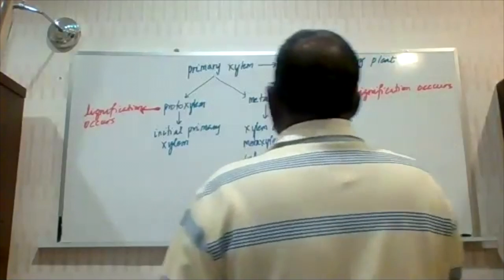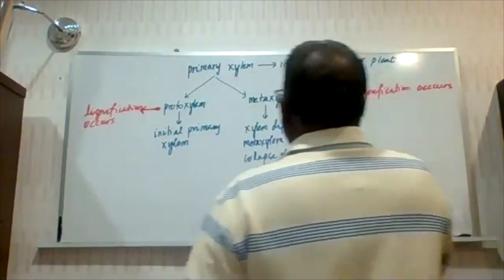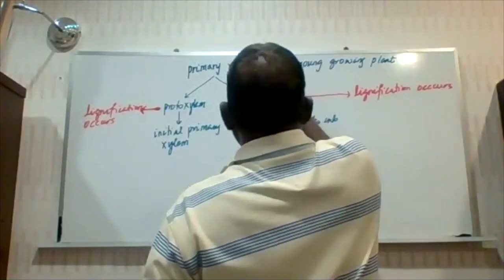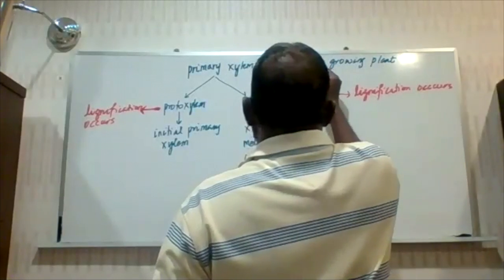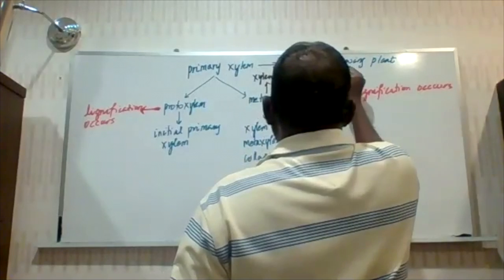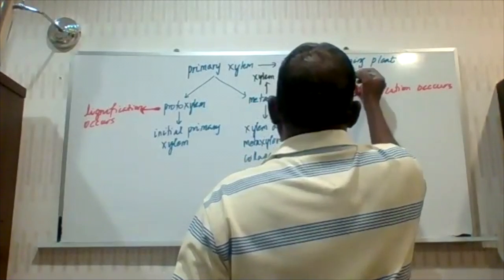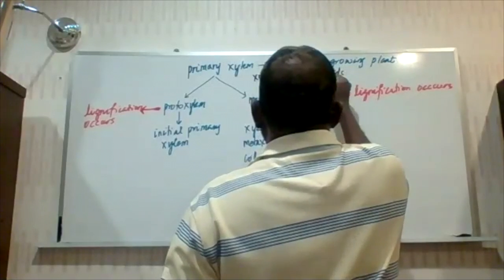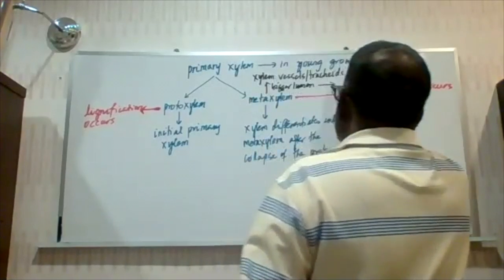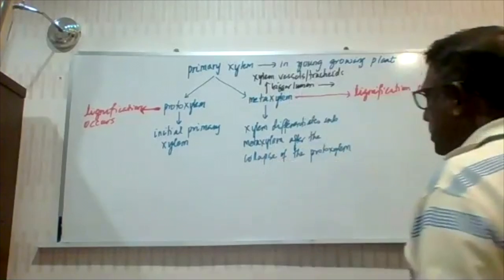Now, another point you have to know. Xylem vessels and tracheids of metaxylem have bigger lumen. Why? The plant is already matured, which means the plant is much bigger.